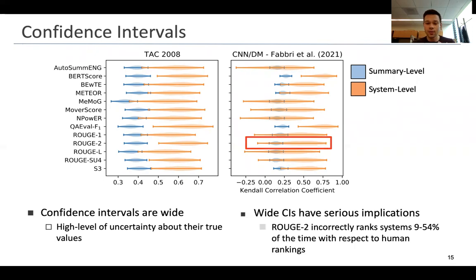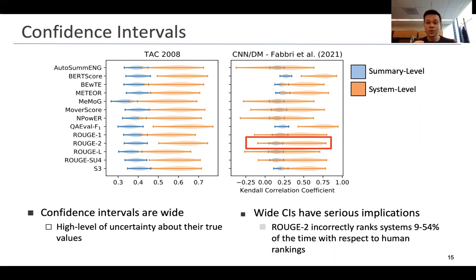And the wide confidence intervals have some serious implications. So I've highlighted the confidence interval for Rouge 2 on the SumEval data set. And because of how Kendall's tau is calculated, we can translate this confidence interval into the statement that we're 95% sure that Rouge actually incorrectly ranks systems anywhere between 9 and 54% of the time with respect to humans.